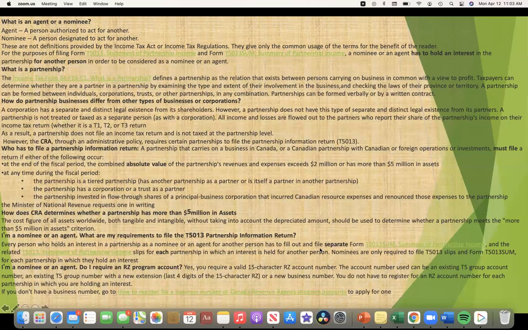And also the slip for each partner in which the interest is held for another person. So nominees are only required to file T5013 slip and the form T5013 summary related to for each partner in which they hold the interest.